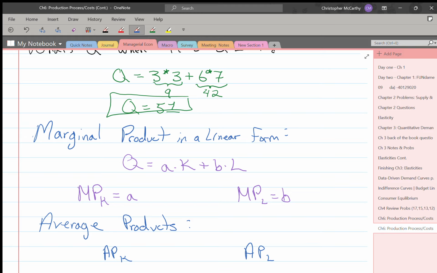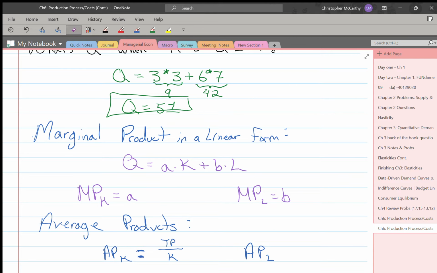All right, so anytime we take the average of something, what does that mean? That means that we're going to divide it by something. So this time it's going to be divided by the capital. So it's the total product divided by the capital. Well, what's the total product?